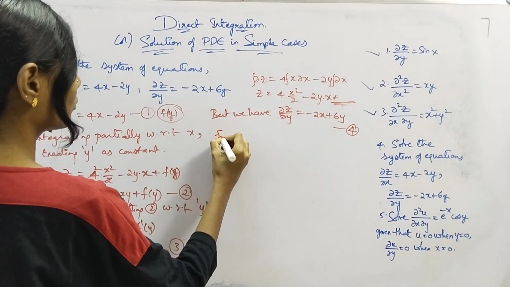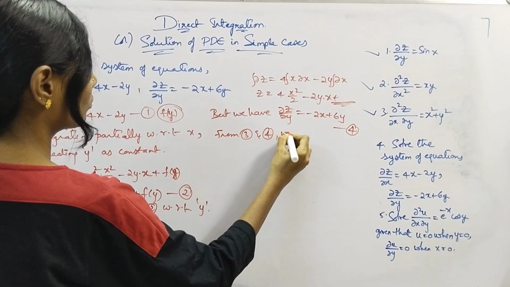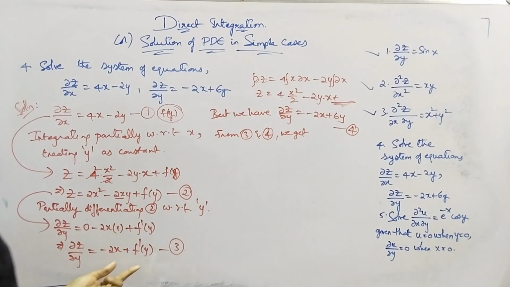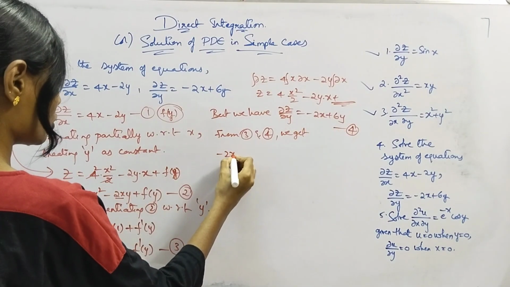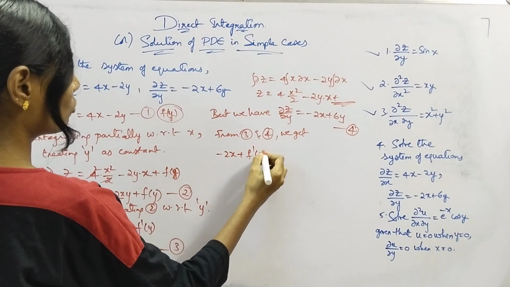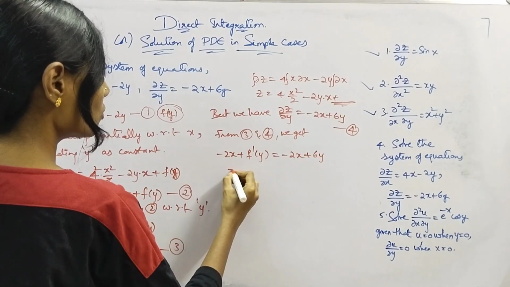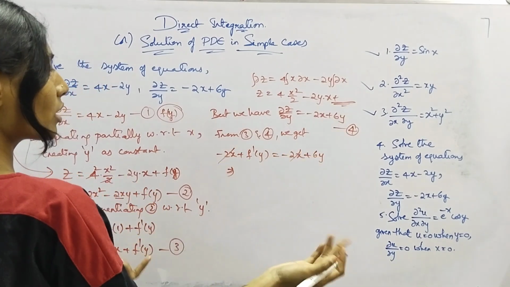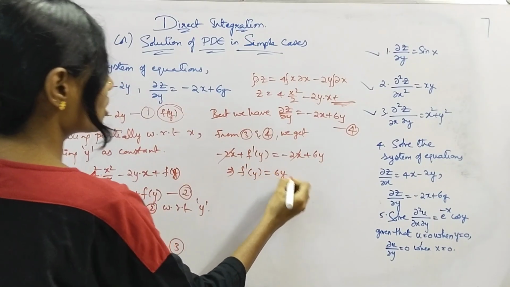Now from 3 and 4 we get, equate these two, you'll get minus 2x plus f dash of y equal to minus 2x plus 6y, which gives us, this minus 2x gets cancelled and you'll get f dash of y equal to 6y.